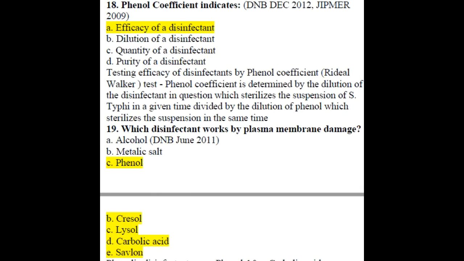That is the Rideal-Walker test, where we will compare the dilution of disinfectant which is used to kill the suspension of staphylococcal with the same dilution of phenol which is used to kill the same suspension at the same time. That is phenol coefficient or Rideal-Walker test. We will compare the disinfectant with phenol.